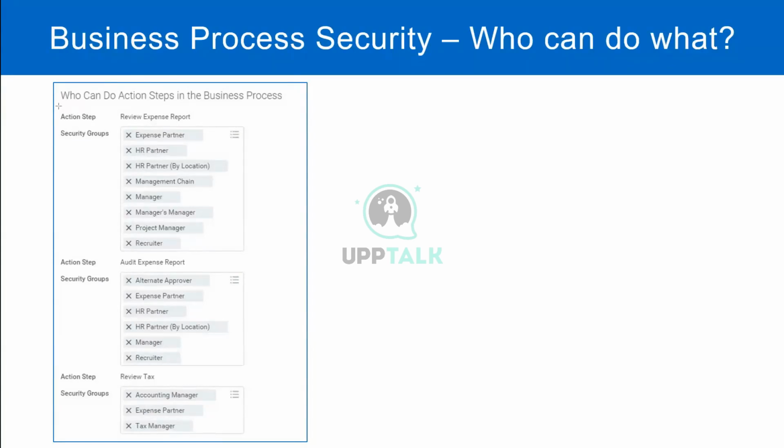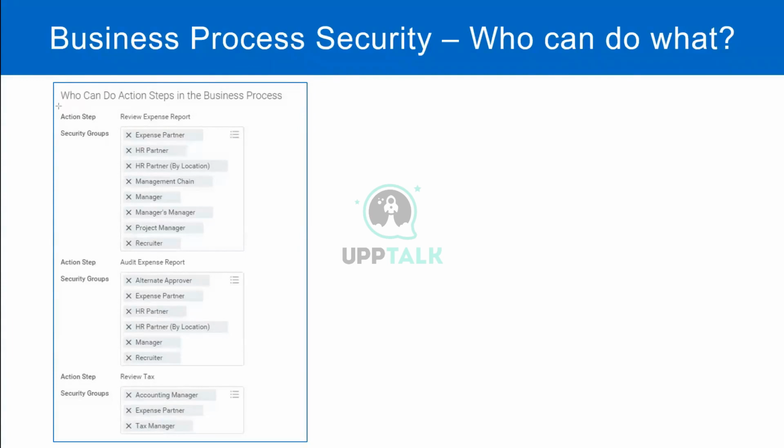Now, if you go to the business process definition, I want you to think and correlate with what you did as part of your compensation assignment. What did you do in a business process definition? You edited it, right? You added a step. You said propose compensation hire, and you selected compensation partner.